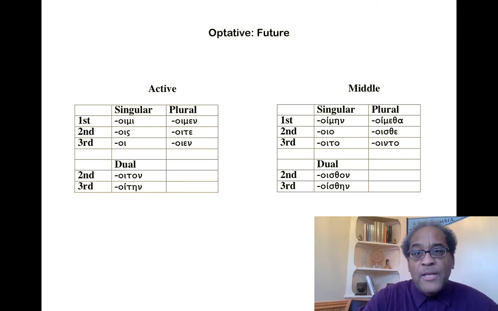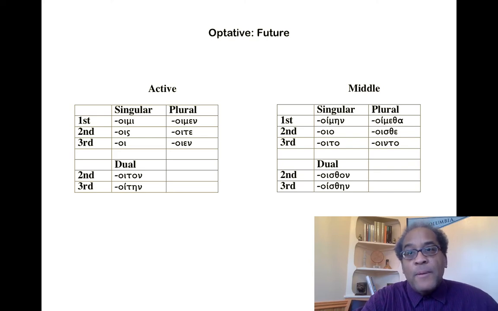But just as we have the present formed by the thematic vowel added to the tense stem, so too in the future. So we will have the exact same endings, but added to lusos, lambda, upsilon, sigma: lusoimi, lusois, lusoi, lusoimen, lusoite, lusoien, and so on.